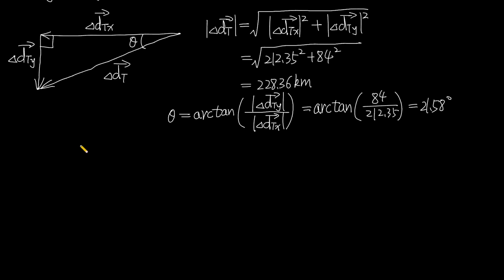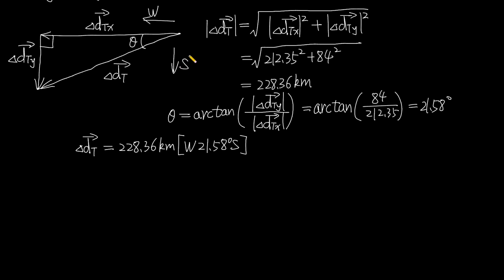So vector delta DT is just 228.36 kilometers. Now the direction is west 21.58 degree toward south because this direction is west and this direction is south.